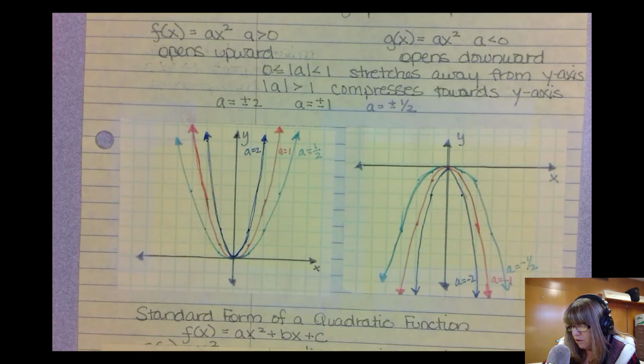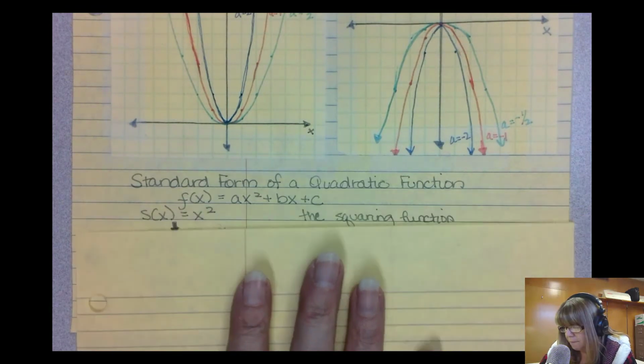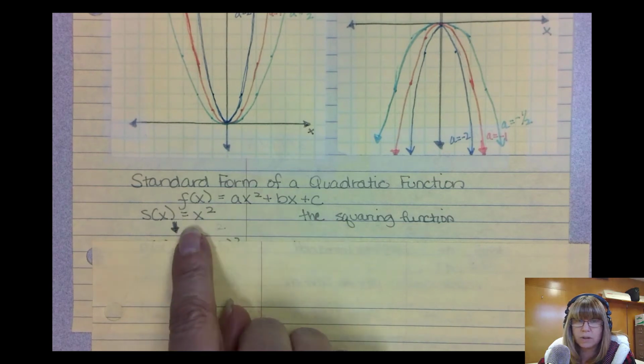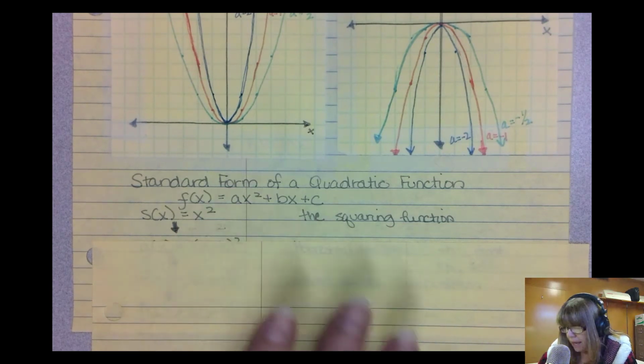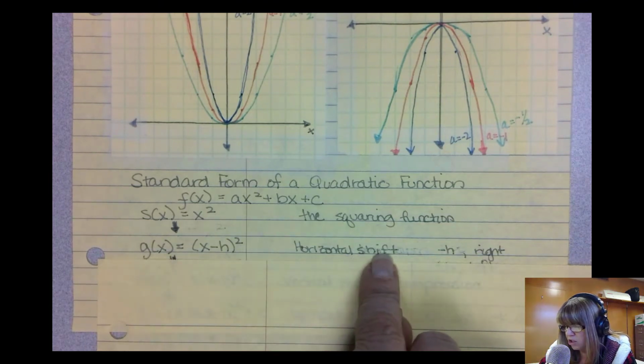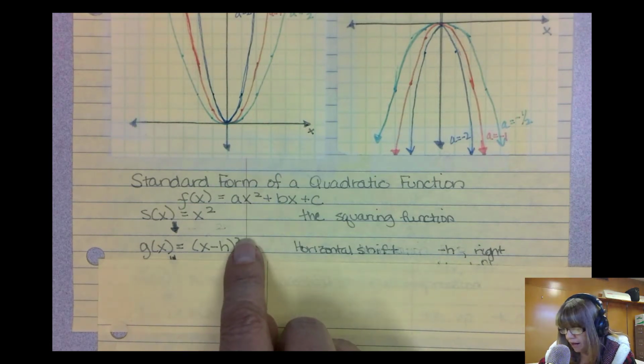Now this standard form of the quadratic equation, f of x equals ax squared plus bx plus c, we can get a lot of information. It's actually the squaring function. Part of it is the squaring function. And we can also write it as this horizontal shift where x minus h is our horizontal shift, all squared.